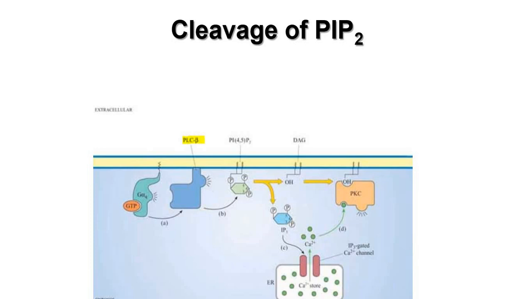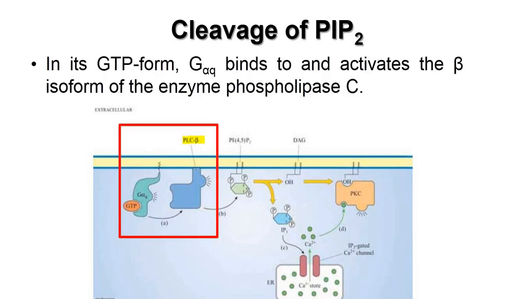Try to understand that in the GTP form, when G alpha Q is bound with GTP, it activates the beta isoform of the enzyme phospholipase C. Only when GTP is bound to G alpha Q does it get activated.